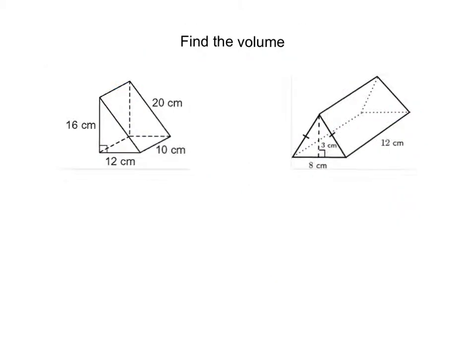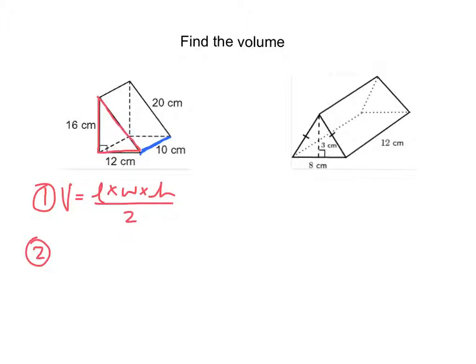And now we're going to apply our formulas. So we're going to find the volume of these 2 triangular prisms. First step is write your formula. Length, width, height divided by 2. And so when looking at it, we have to first take the length and the width from the triangle portion. And then our height can come from the depth.